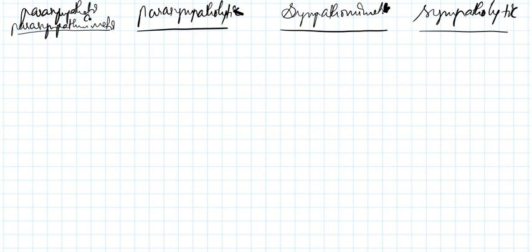For example, we will start with CNS. Regarding CNS, if you ask me, the parasympathetic system increases cognition.